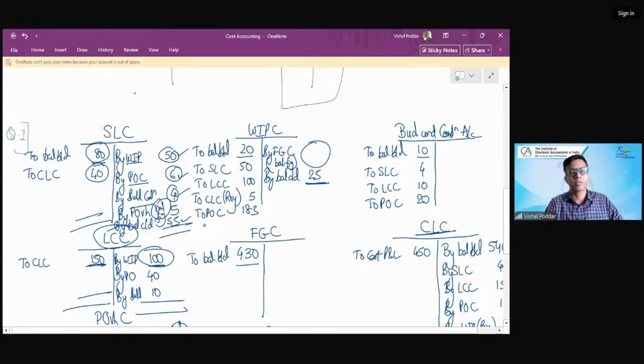Yes, again, Tejaswin is giving me the figure as 333, right? Correct, it is 333, Tejaswin. So this will be transferred here, 333.